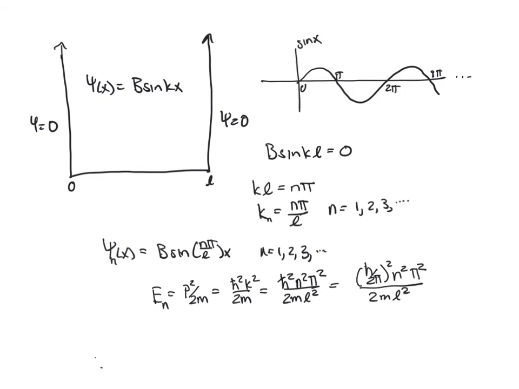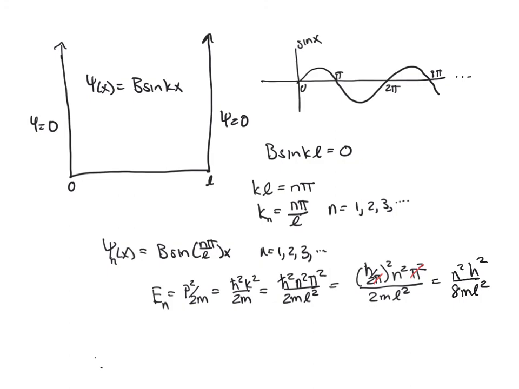So I have a 1 over pi squared from my h bar squared, and so I should be able to divide out those pi squareds. And then I have a 1 over 2 squared, which brings a 4 down to the denominator. And so I can rewrite this as n squared h squared over 8m L squared.